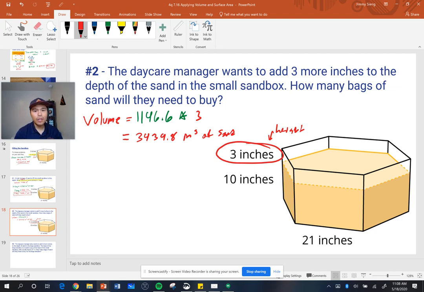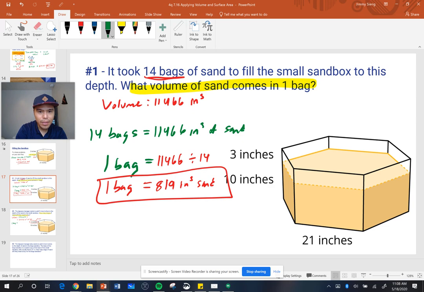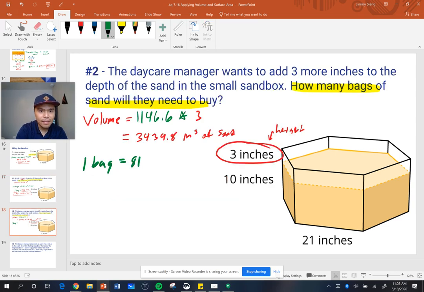So remember, we're trying to figure out how many bags of sand I will need to buy, right? I found that one bag is equal to 819 inches cubed of sand. I need to figure out how many bags I need, all right? So I'm trying to find bags. I know I have 3439.8 inches cubed of sand.